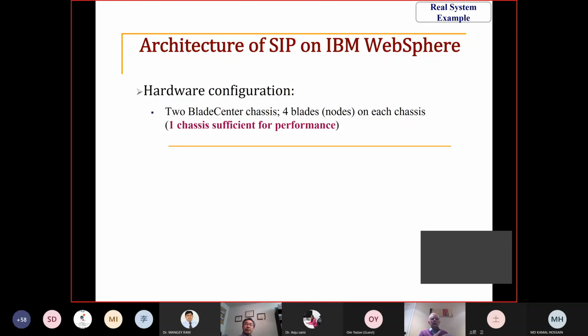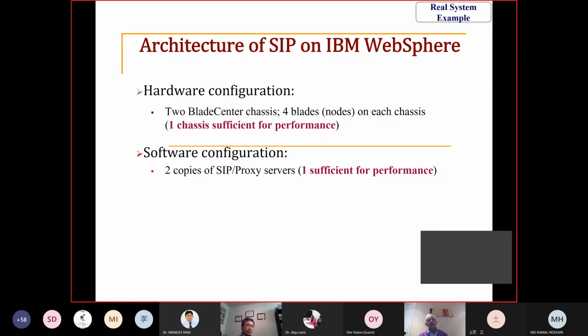But they used 2 chassis for fault tolerance, or improving availability. Software configuration wise, there were 2 copies of SIP proxy, and they told me one would have been enough for performance. So once again, they're using 2 for redundancy. And there are 12 copies of app servers, although 6 would have been enough for performance. So once again, they're using software redundancy.